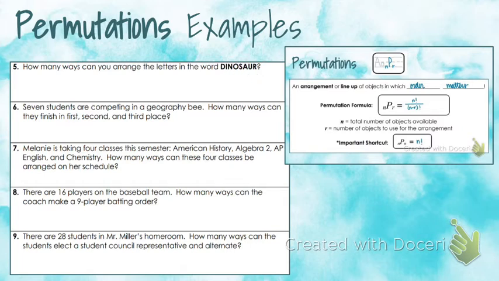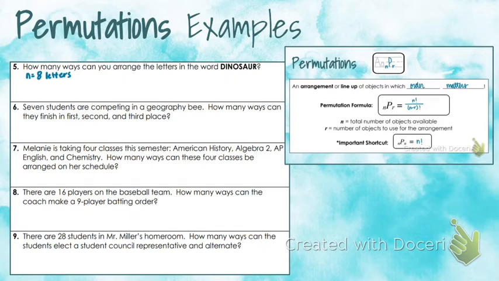Yes, it does. And that's a good way to check. If it counts as a different answer, then it's a permutation. So we need to decide what n equals. And n is how many options you have to choose from. So how many total letters are in dinosaur? There are 8 letters.